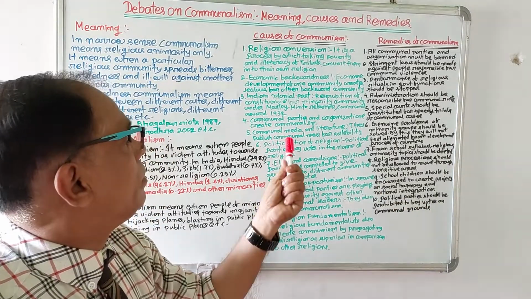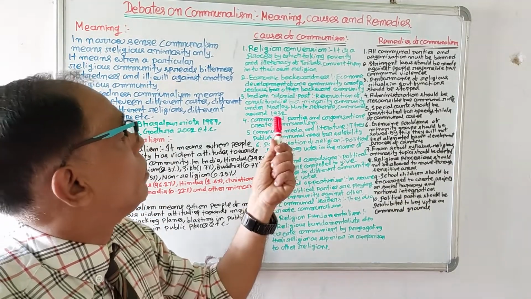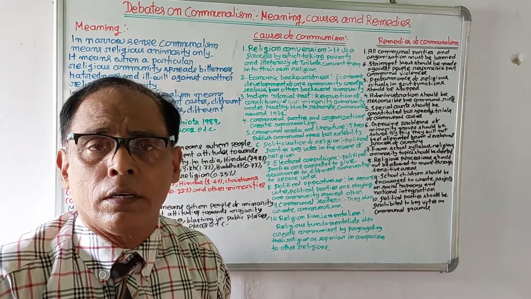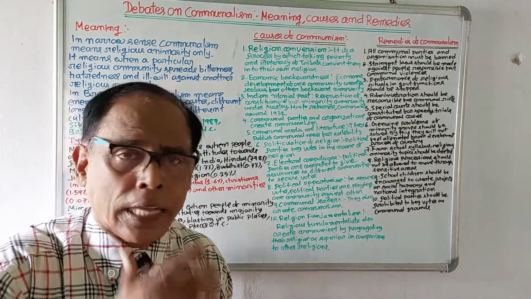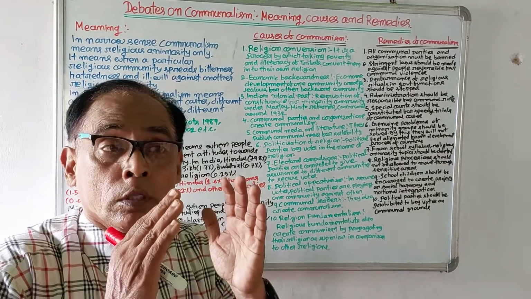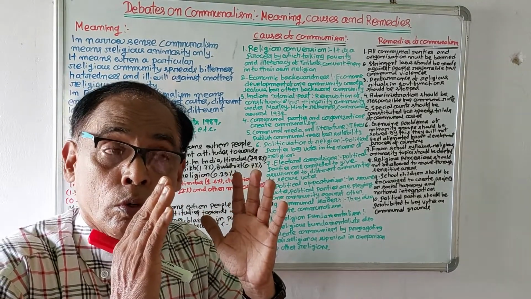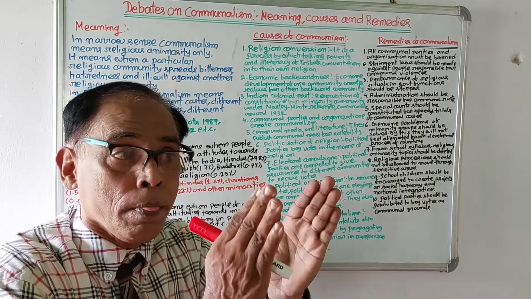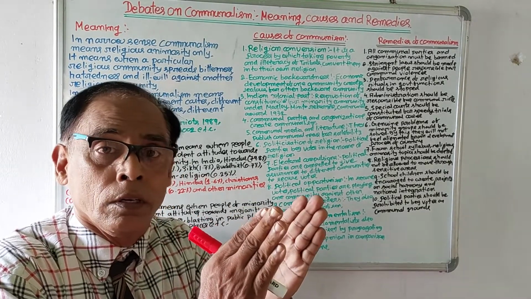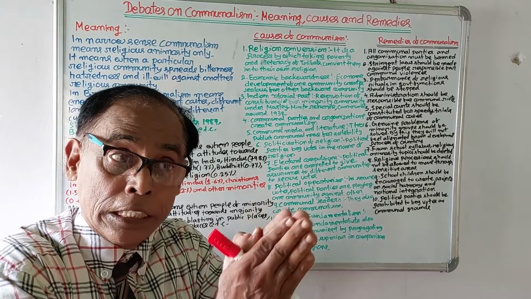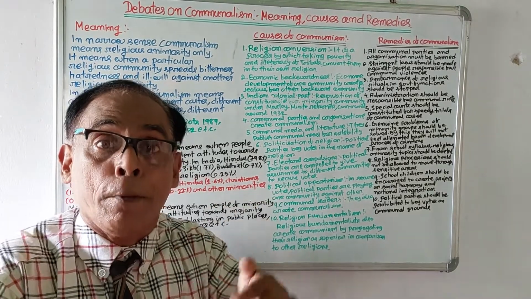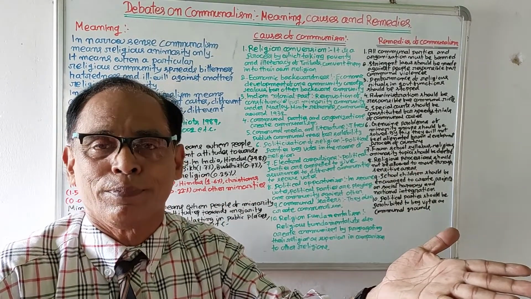Again, in the Communal Award of 1932, the British government decided to reserve some constituencies for Muslim people, Christian people, European people, and Sikh people.